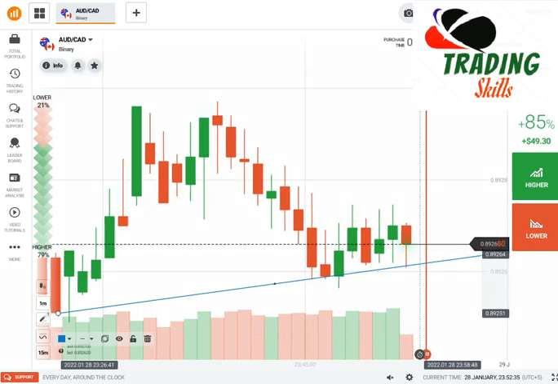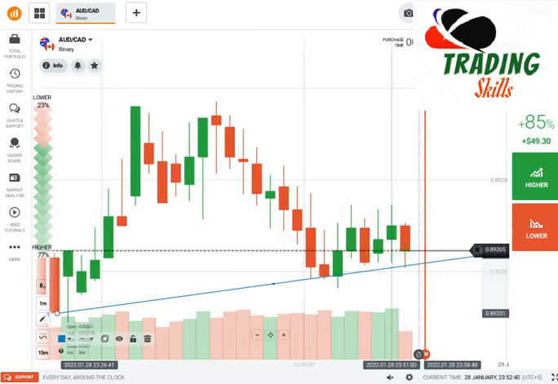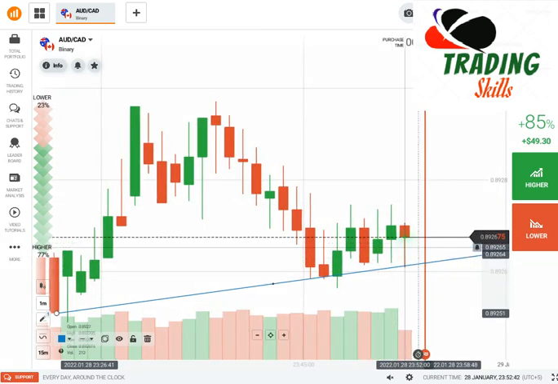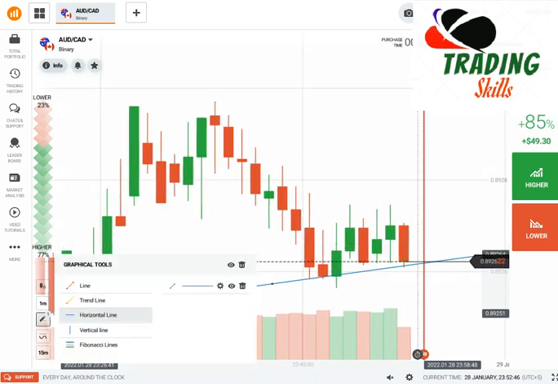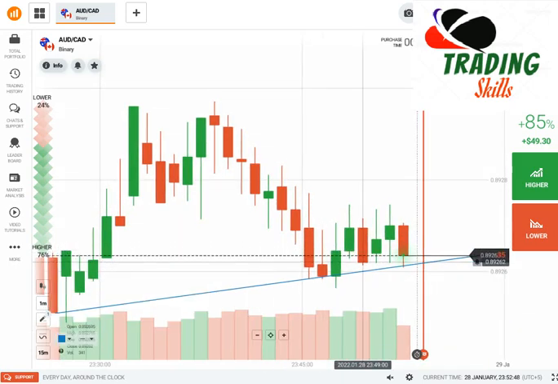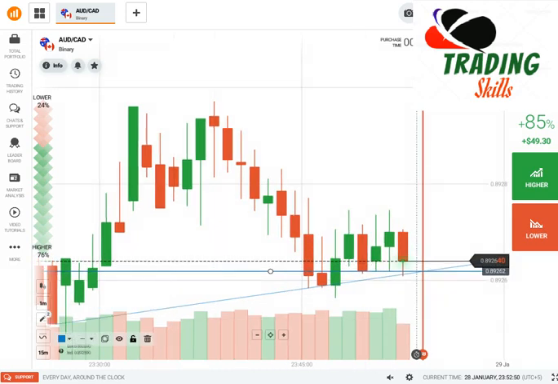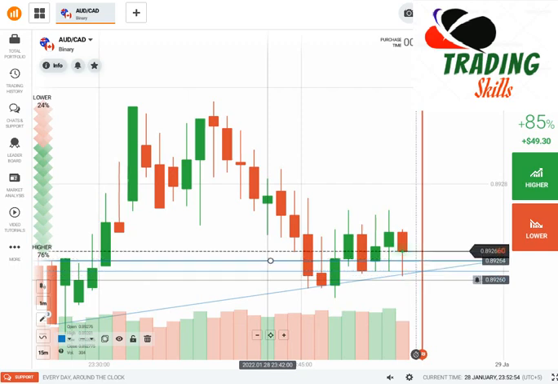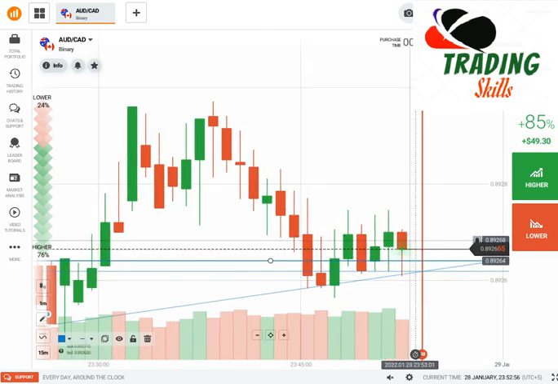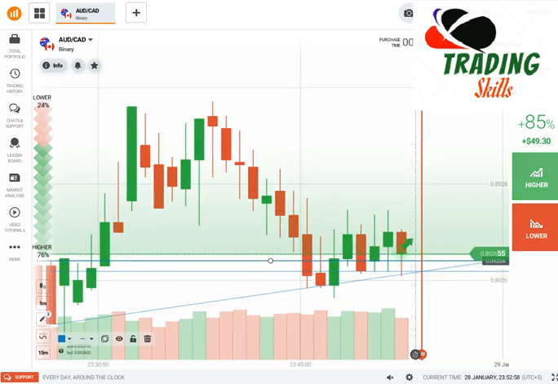Okay, and right now what I'm seeing here, if I really want to draw a line here, so I need to connect it like this, closing price. Now I need to set it with this area. Now you will see, if a candle closes here, I will take my trade.